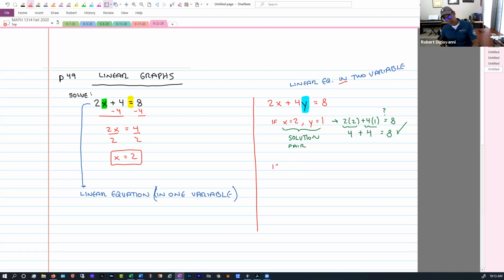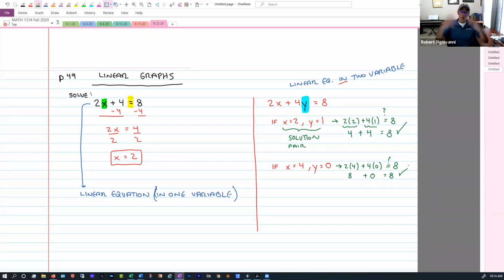How about if x is 4 and y is 0? Will that work? Okay, let's see. We plug in 4 for x, we plug in 0 for y, and we ask ourselves, is that 8? And hopefully you agree that this is going to be 8 plus 0, and that is 8, and it's true, right? So we have another solution, a pair of numbers that is a solution.